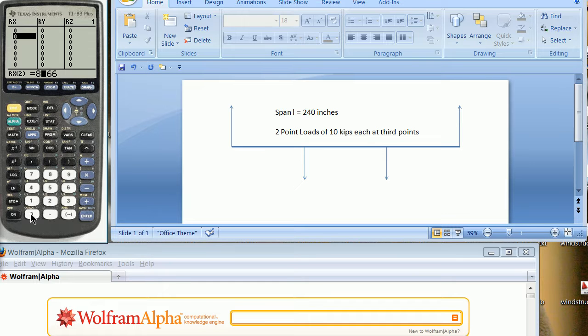At 80 inches, 80 times 3 is 240, you've got a force of minus 10. At 160 inches, you've got a force of minus 10.